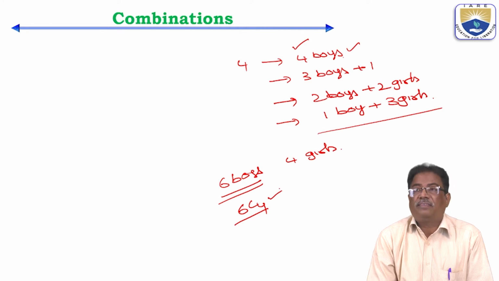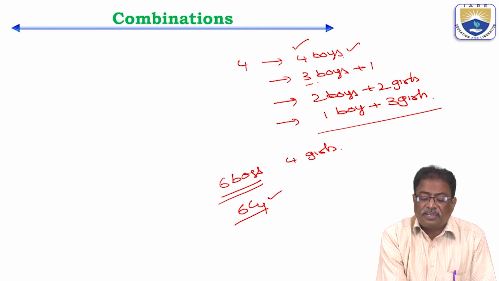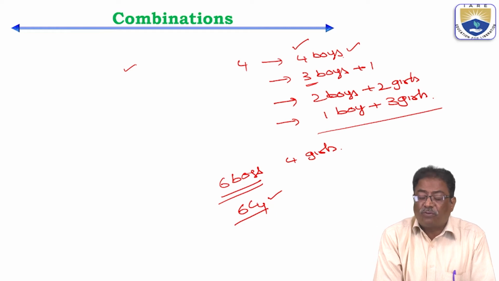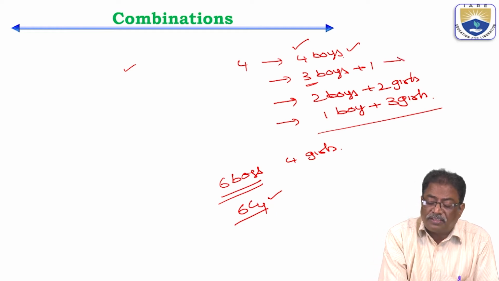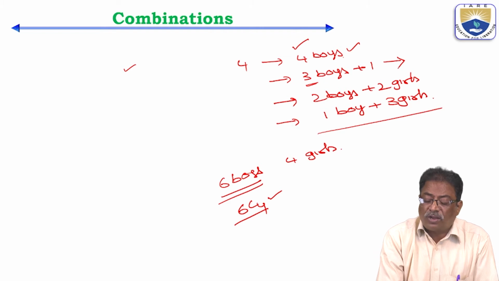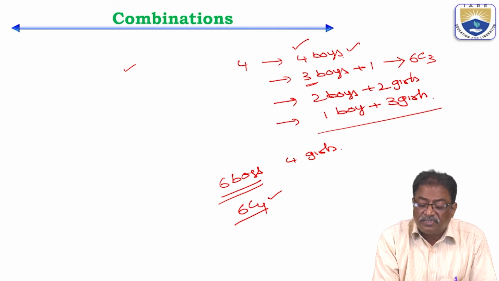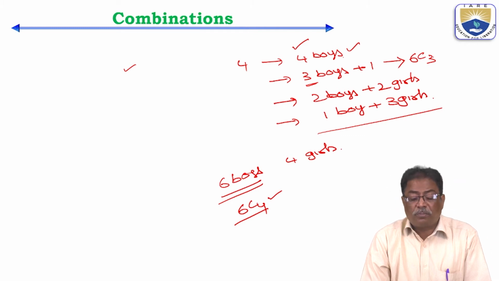So the first one is 6C4. And for the second case, 3 boys we have to select out of 6, so it is nothing but 6C3. And the next, what am I going to select?